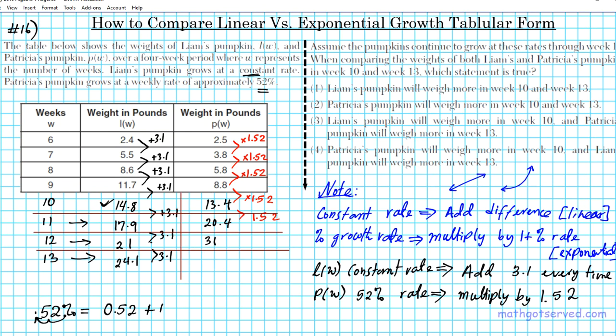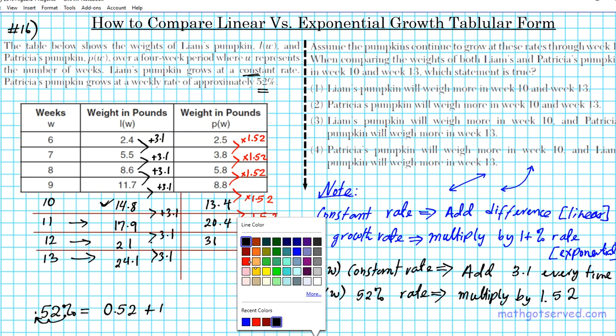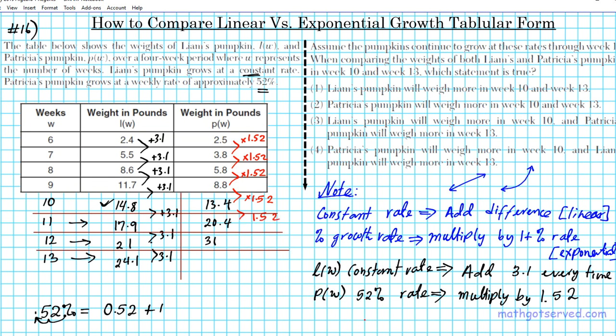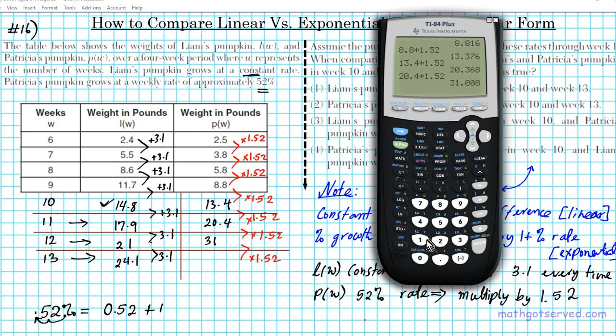And then lastly, we're going to multiply 31 by 1.52 to get what the weight is in week 13. Alright, so we're just repeatedly multiplying by 1.52. We already know that the exponential function will win, but let me just show you. So 31 times 1.52.